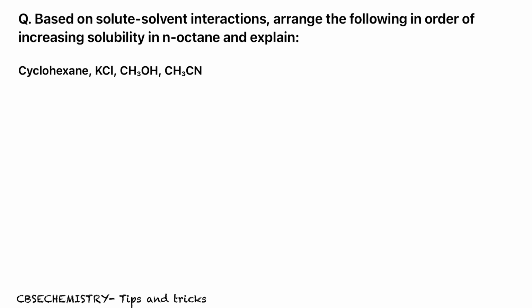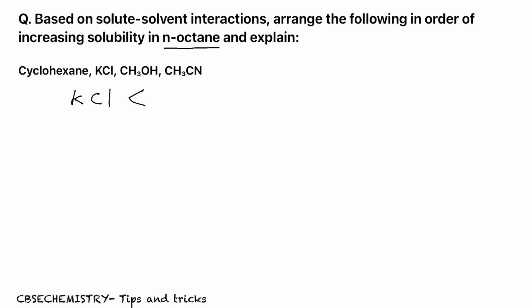Clear? Okay, so we can write the order. Remember, the solvent is non-polar and we are going to write the order of solubility of the different solutes. Now, which one is least soluble? Of course, it is KCl. Why? KCl is an ionic compound, so the polarity is maximum.